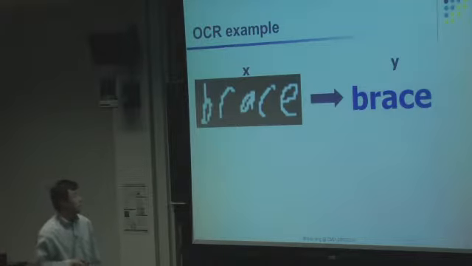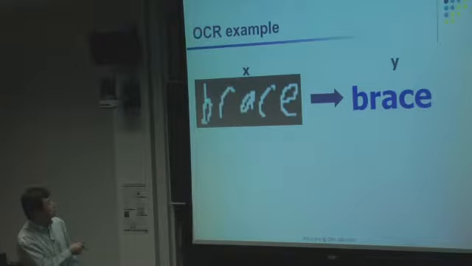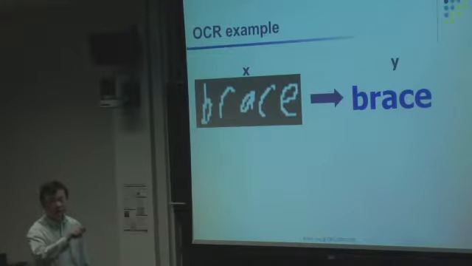Right. So here is a very famous example that a colleague of mine, Ben Taskar, used in one of his famous papers that I'm going to talk about in a second. This is a problem known as OCR, optical character recognition, and this is the actual data, which is a scan of a handwritten word, and your goal is to decode it into the actual word.